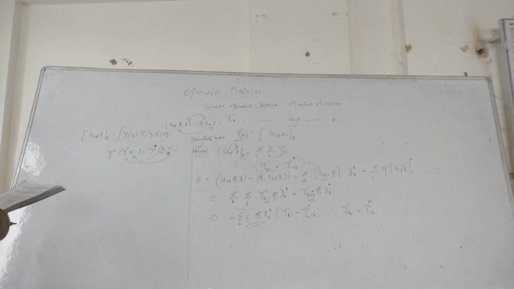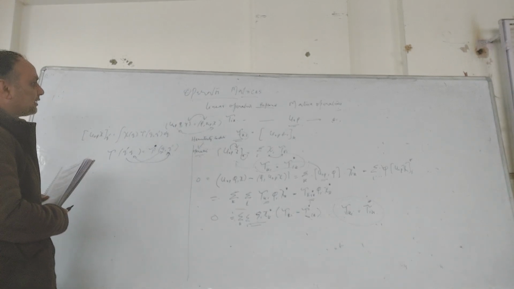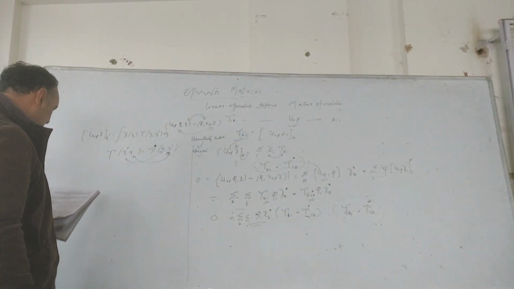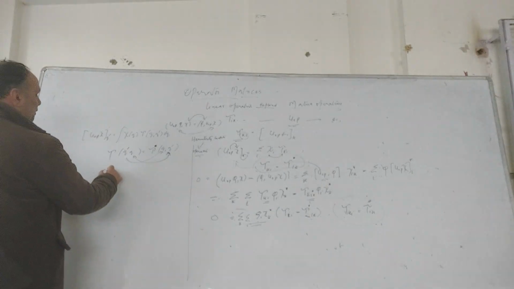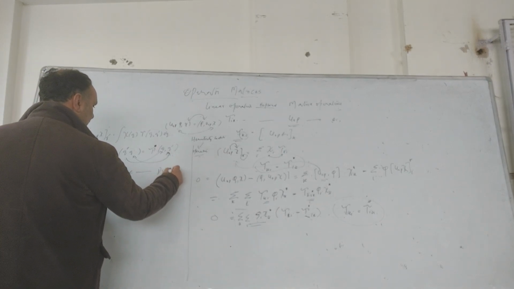So in case the continuous operator matrix does not exist, we take recourse to our understanding of Dirac functions.